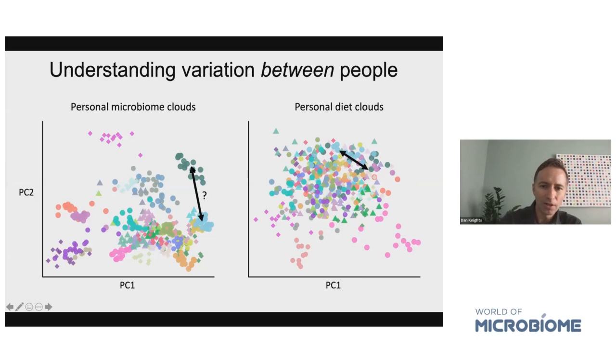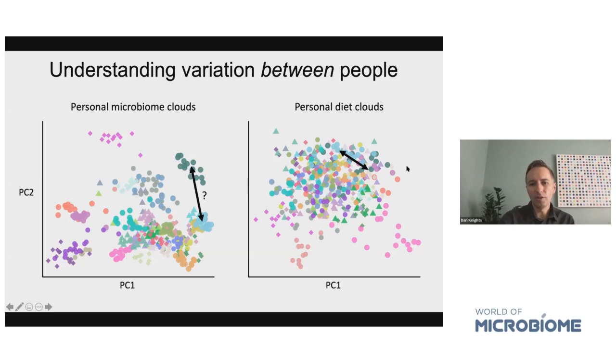Each sample from each person is colored by individual. And you can see the samples from one individual cluster together, so everyone stays kind of in their own microbiome cloud and moves around in that space over time. And some people are more similar than others.